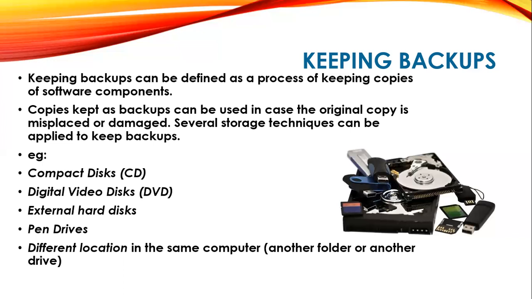So you can allocate a 1 terabyte partition for your backups. So you are always putting the backups to that second partition, or maybe third partition, which has 1 terabyte. So you can copy those things and keep the backup in the same system.